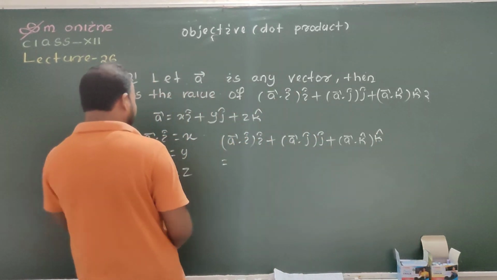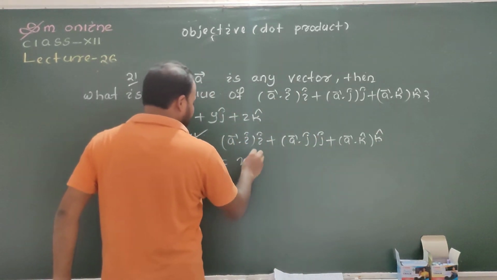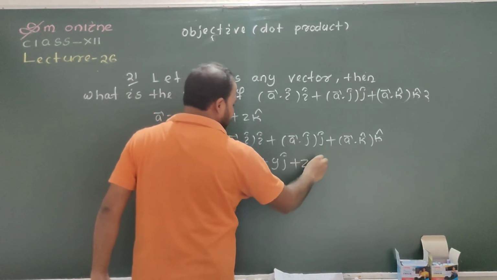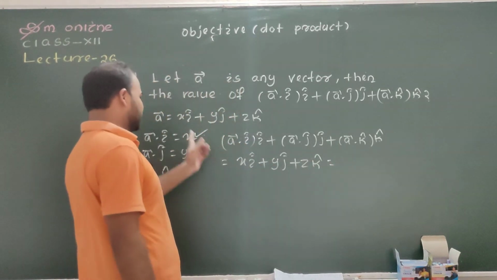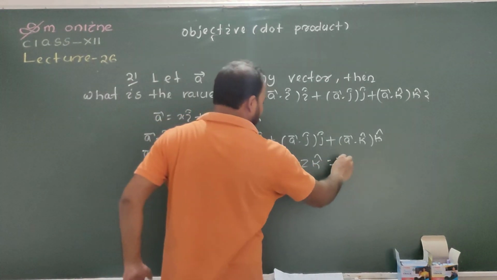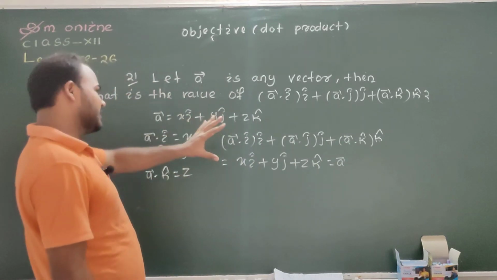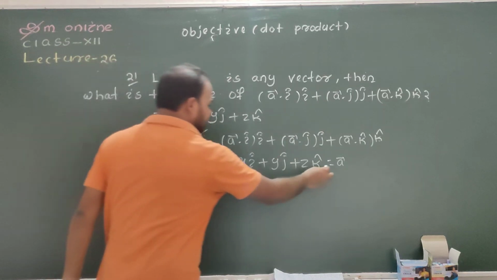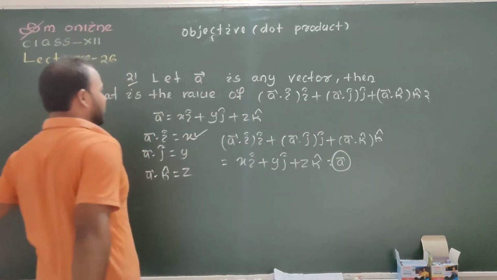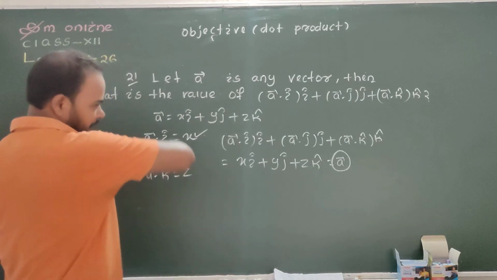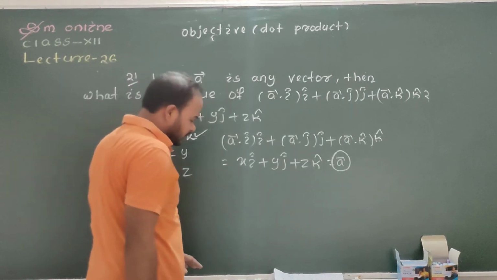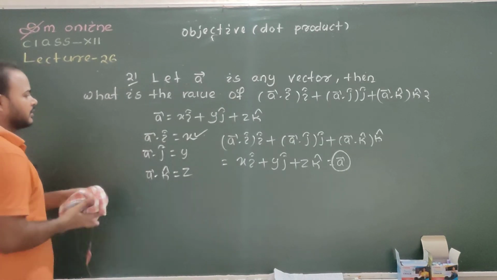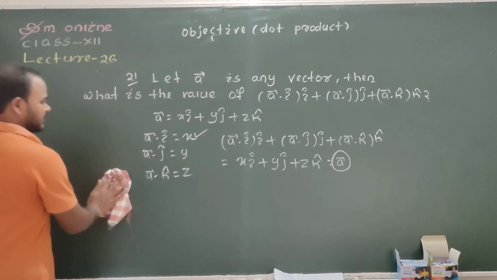This equals x I cap plus y j cap plus z k cap, and we have taken this as vector A. So the answer is: let vector A be any vector, then the value of this expression is itself, that means vector A.